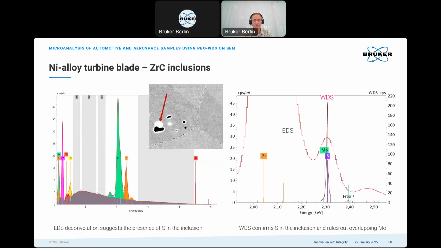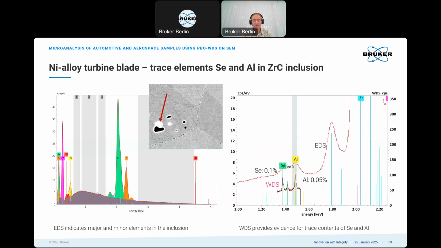When we do the analysis of these inclusions separately with low kV to confine the beam inside the area, we find sulfur besides zircon and carbon. So we can clearly see that in the EDS spectrum by deconvolution already, and we can confirm it by WDS. With the range scan here, we can rule out any molybdenum or lead.